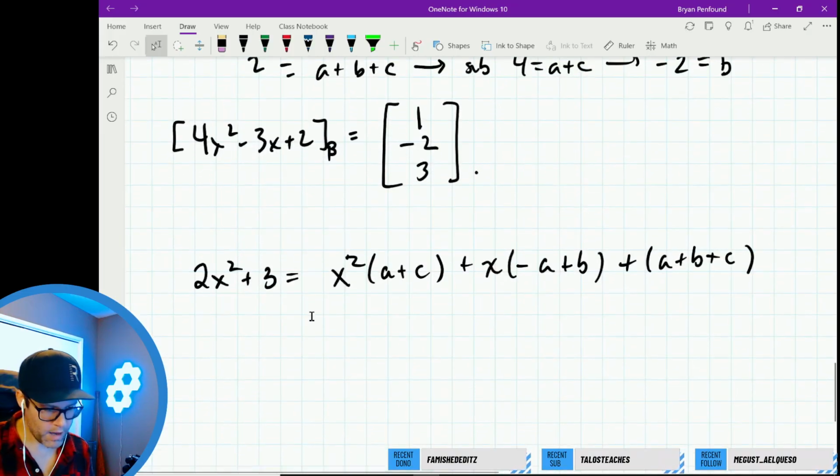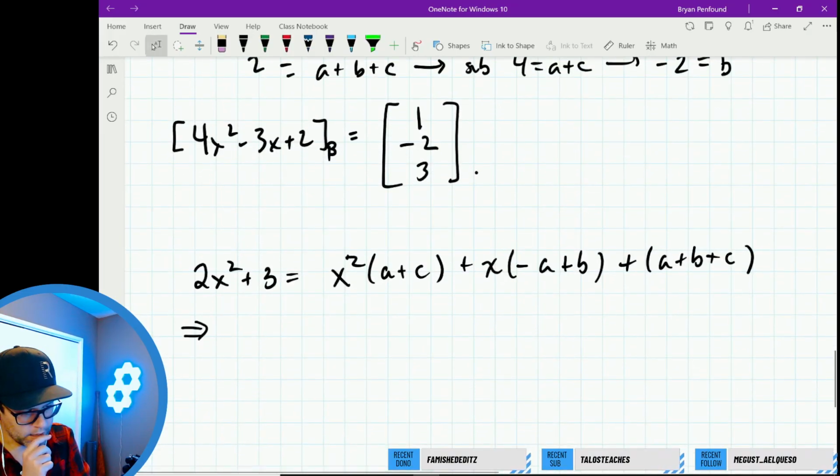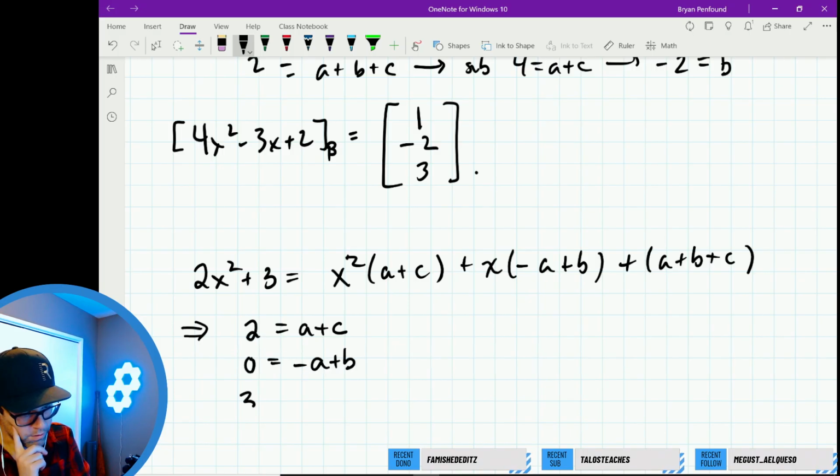So taking the expanded form, what do we get here? This is going to imply that we need 2 to equal a plus c. We need 0 to be negative a plus b. And we need 3 to equal a plus b plus c. Using Fem's theorem, we can subtract equation 1 from equation 3. That should give us 1 is equal to b.